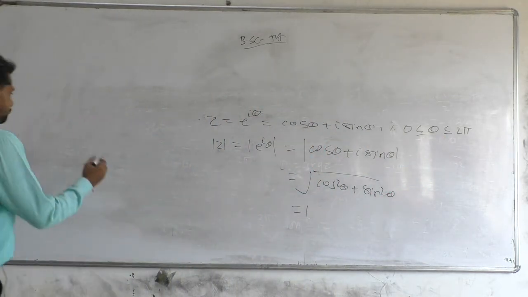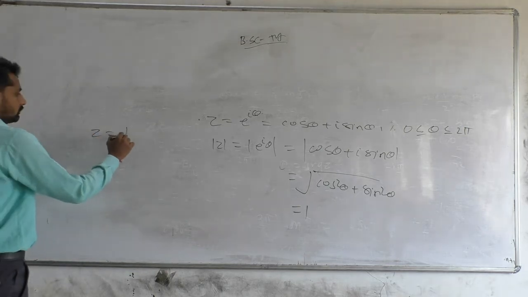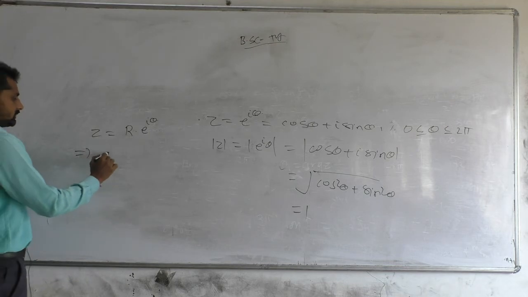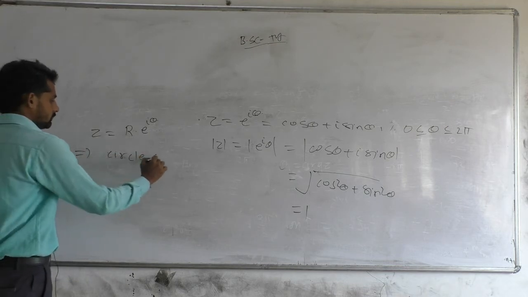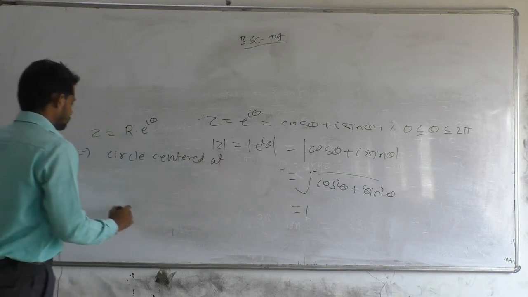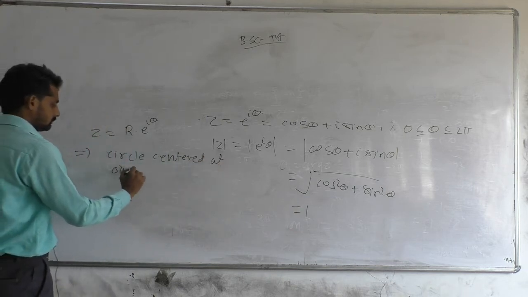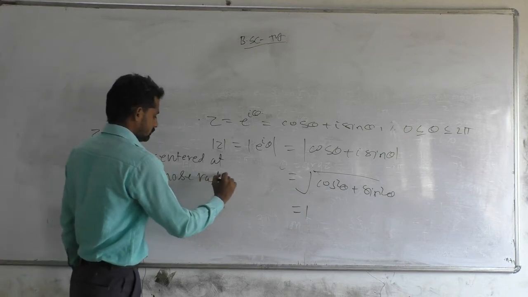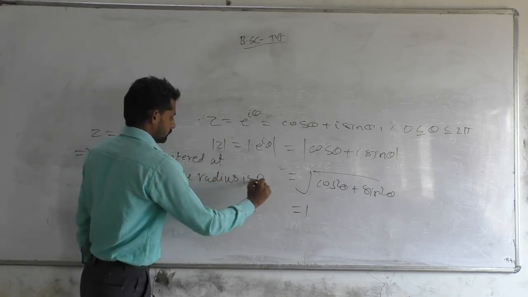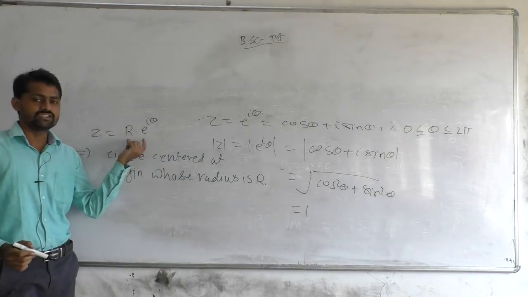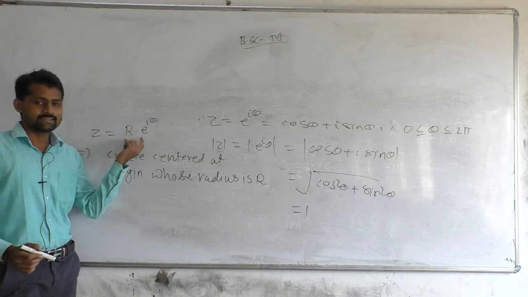Now observe that if we write z is equal to r into e raised to i theta, then this represents a circle centered at origin whose radius is r.